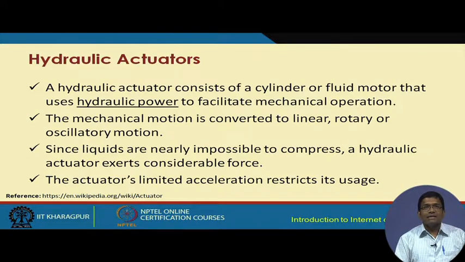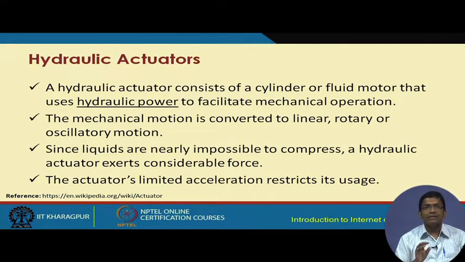As the name suggests, these hydraulic actuators consist of a cylinder or fluid motor that uses hydraulic power to facilitate mechanical operation. The mechanical motion is converted to linear, rotary or oscillatory motion.